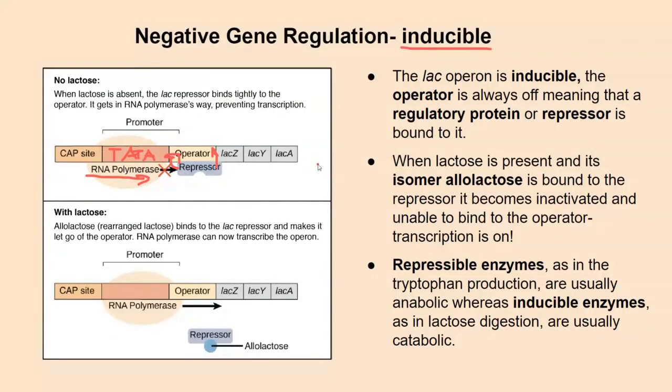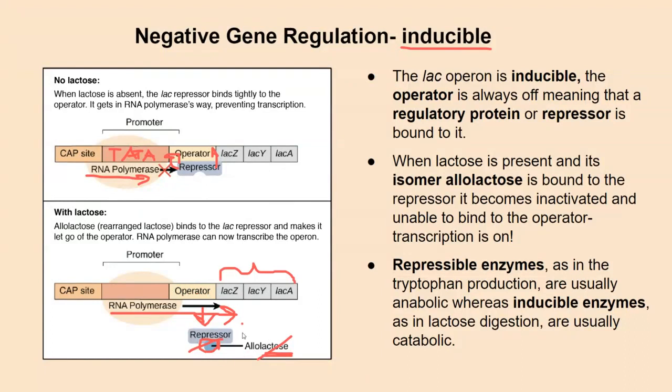Now, lactase is only needed if you have lactose in your digestive system. So it is signaled by having lactose or allolactose, a milk sugar, binds to the repressor, which causes the repressor to release from the operator, allowing RNA polymerase to copy this operon, which will then create the lactase, which will break apart the lactose, which will remove it from the repressor, which means the repressor will bind to the operator again.